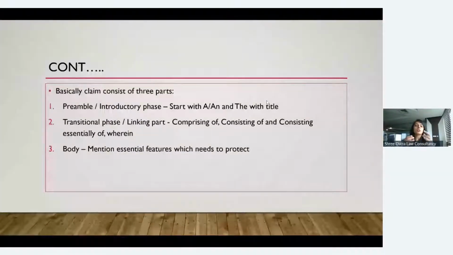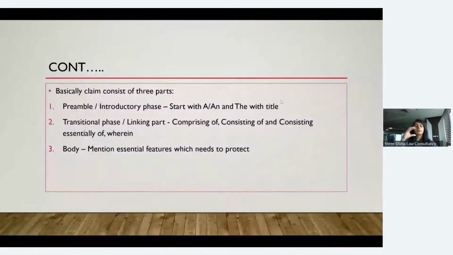So if you write consisting of A, B, and C, it consists only of A, B, and C, not more than that, not D or E. Then consisting essentially of is in between comprising and consisting of. Then the variant can be used in the dependent claims, and all these, comprising, consisting, and consisting essentially of, are used in the independent claims.